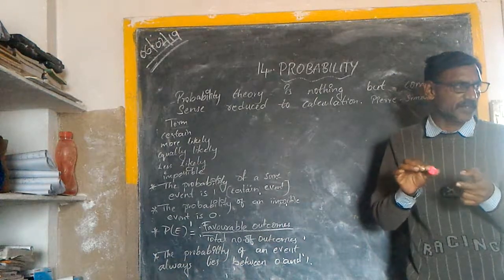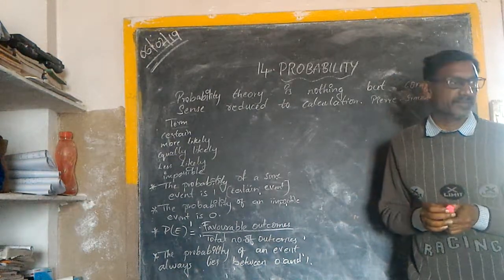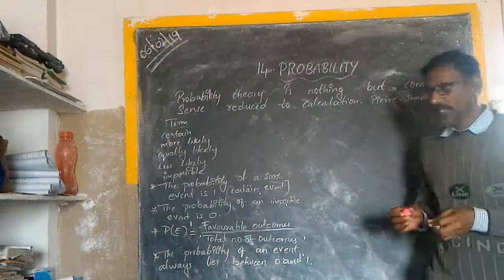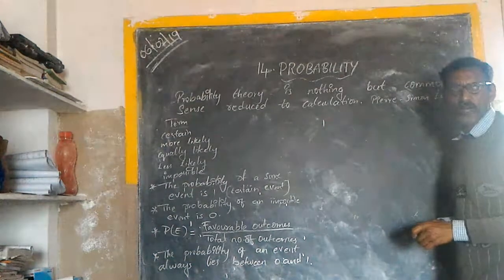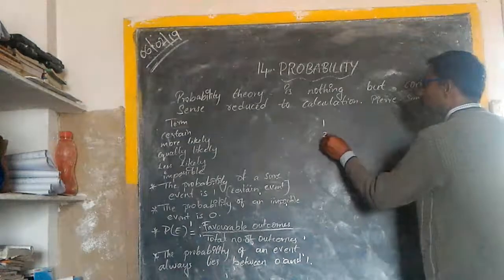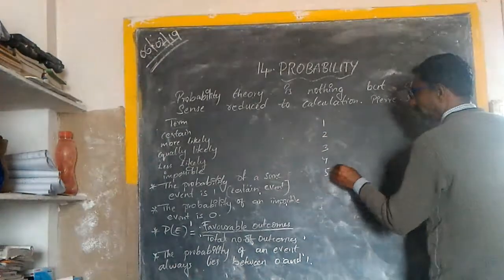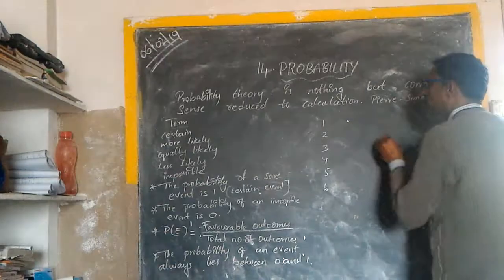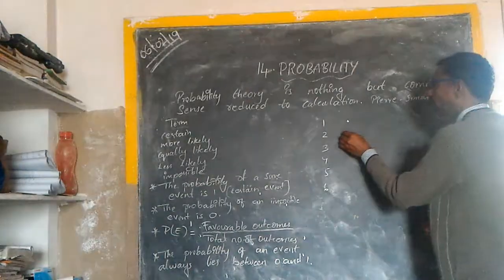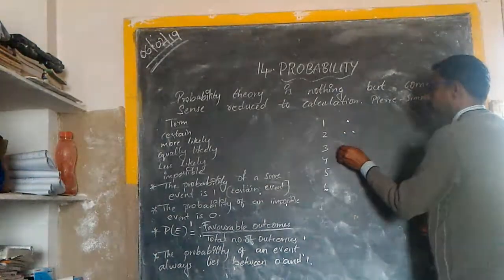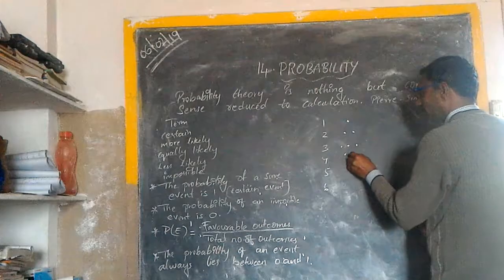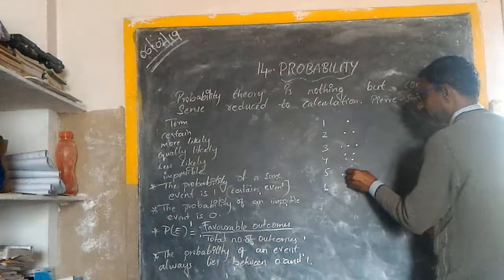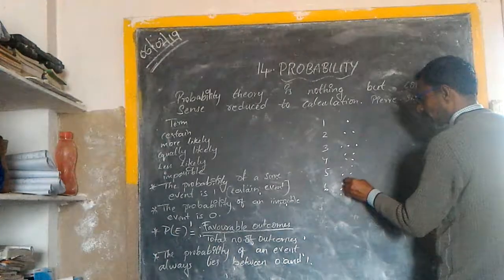Similarly, we have 6 faces, and we are writing 6 numbers. In each face we have dots: 1, 2, 3, 4, 5 and 6. In one place we have one dot, in the second 2 dots, 3, and the next one is 4 like this, and 5 like this, and 6 like this.